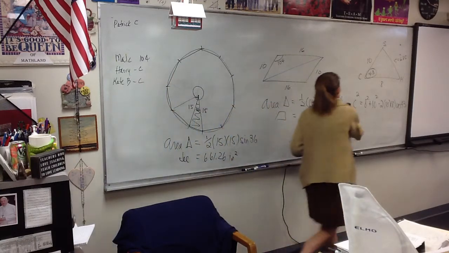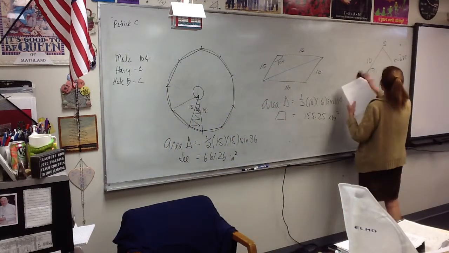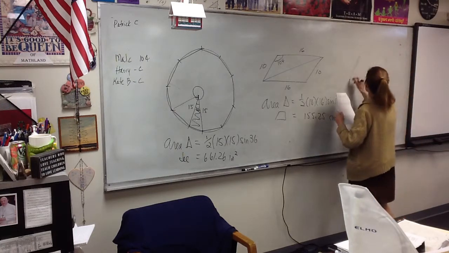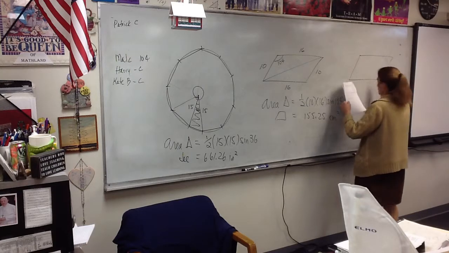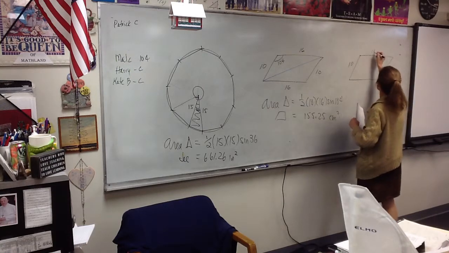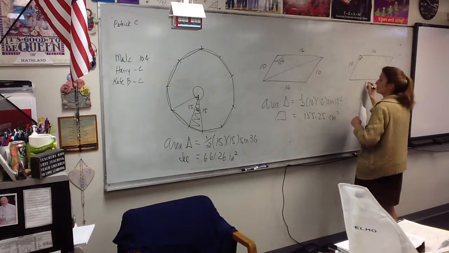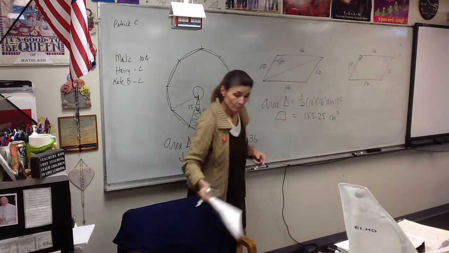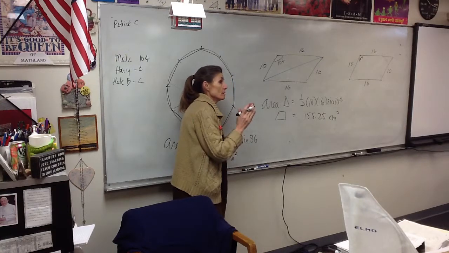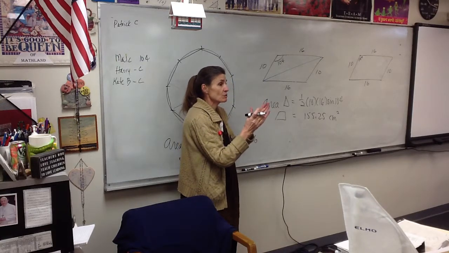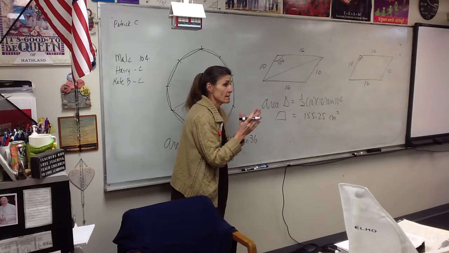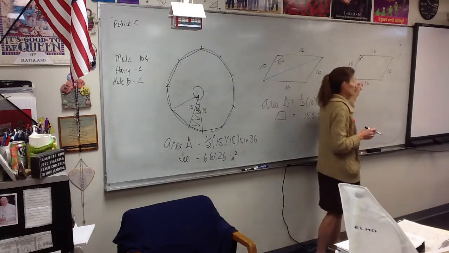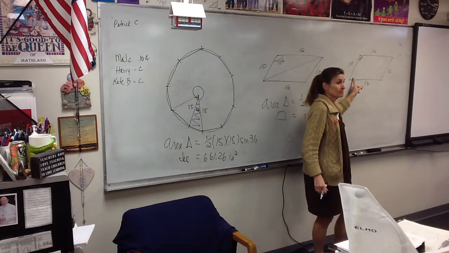All right, let me redraw. Number 3 deals with the same parallelogram. So I'm going to redraw it. Now, this is a little bit tricky in terms of your memory. Can anybody tell me what the measure of this angle is?